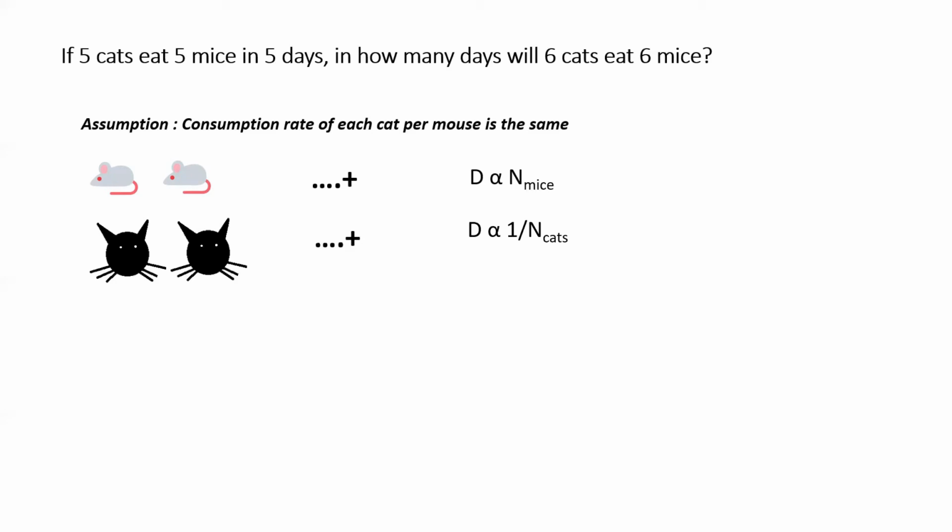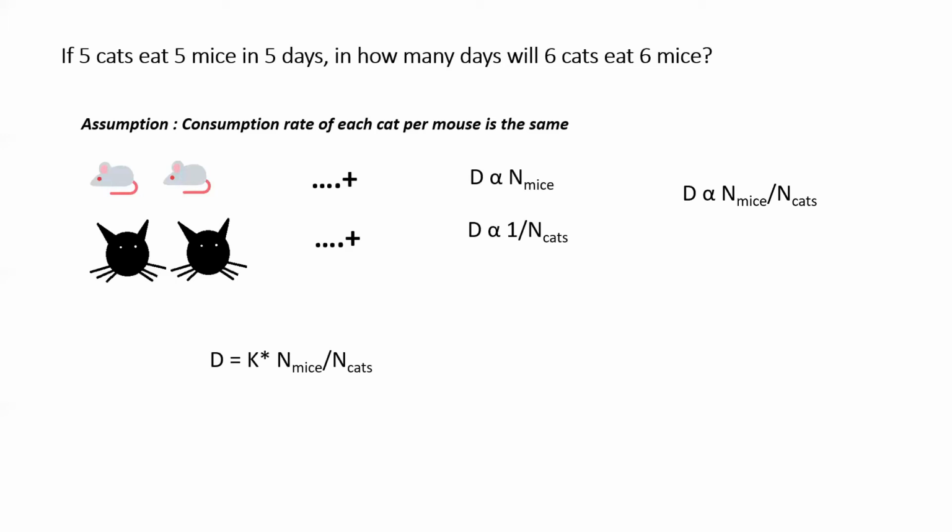And if we combine these together, when both the number of mice and the number of cats are varying, then the number of days will be proportional to the number of mice divided by the number of cats. We're just putting these two together, and then we can assume a relationship like this.